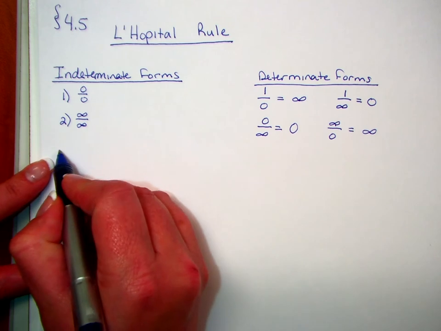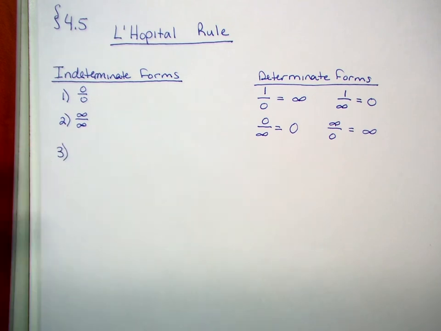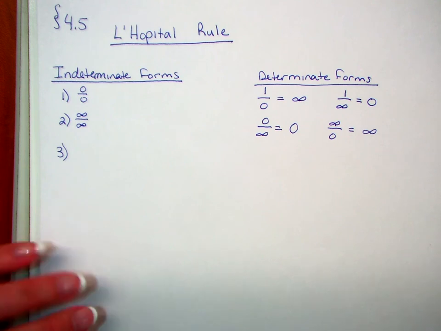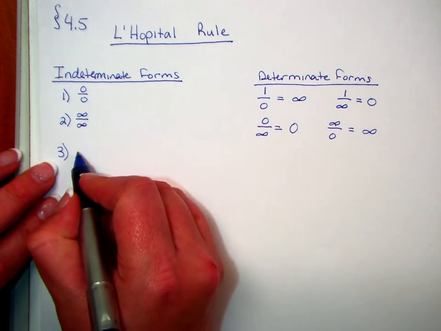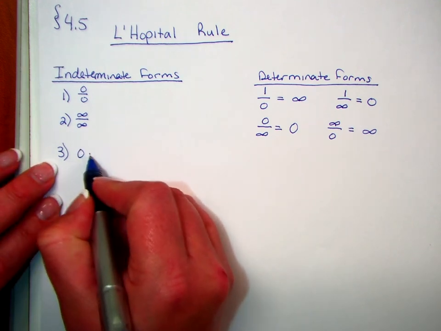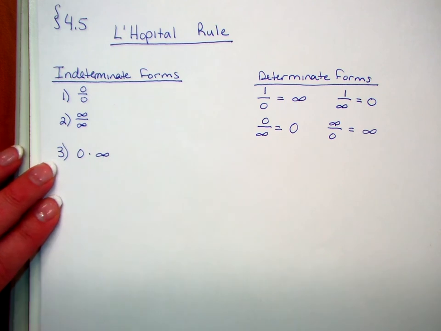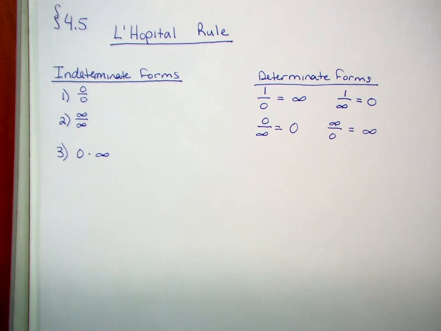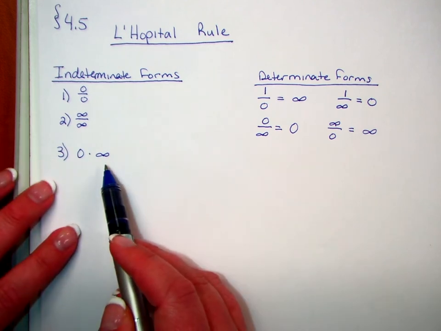All right, our third indeterminate form is our indeterminate product. There's only one indeterminate product, and that is 0 times infinity, or infinity times 0. The infinity could be plus or minus, right?